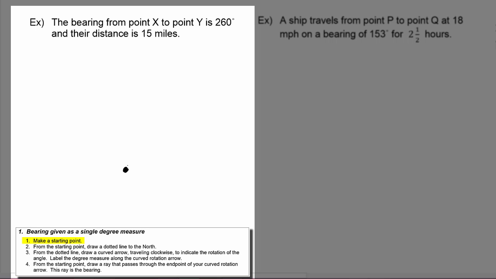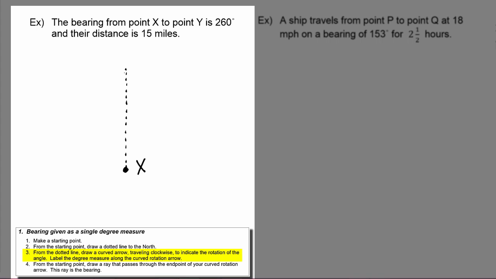And in this case, it will matter whether we call it point X or point Y. And the bearing, we're told, is measured from point X. So because it's from point X, that means our starting point is X. Step 2, draw the dotted line to the north. That's our 0, our starting bearing.